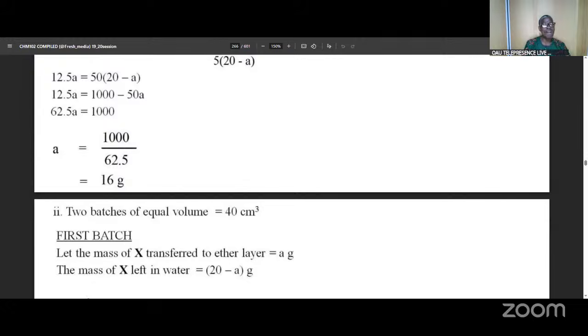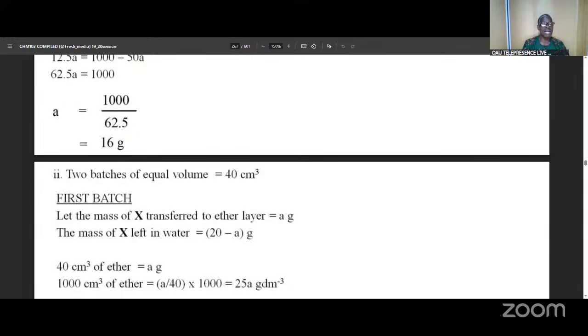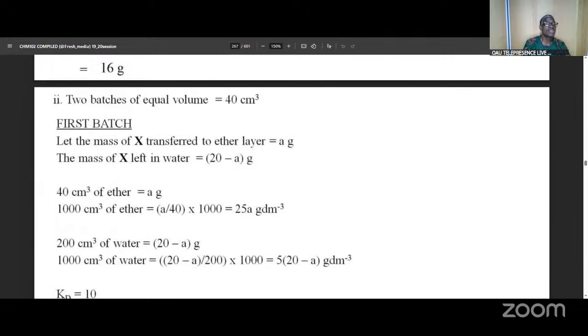That is, in one batch, if we use the whole volume of ether at once, which is 80, the amount of X that we extracted out of the 20 grams is 16 grams. So now let's look at the calculation for 2 batches.